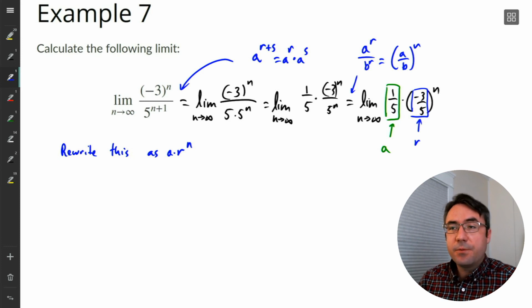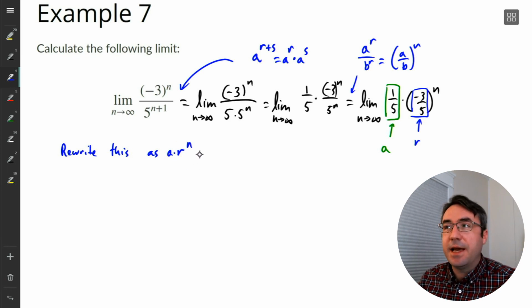So we've rewritten it in our general geometric sequence format, a times r to the power n. And really, the limit of a geometric sequence doesn't depend on what a is, that constant multiple. We know we can get constant multiples out of the way. All of the action is happening with this r to the n.